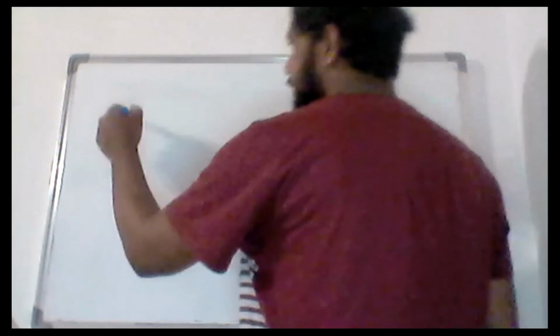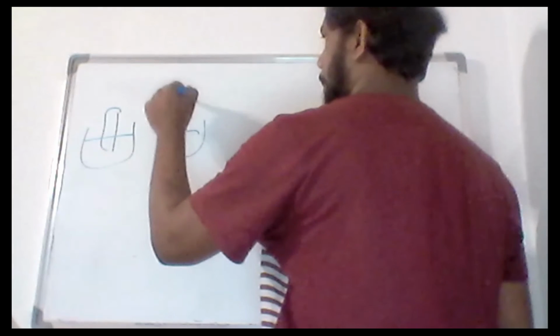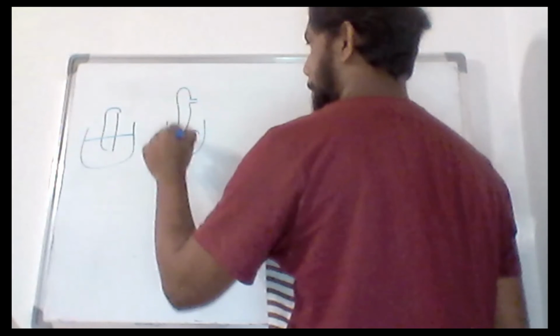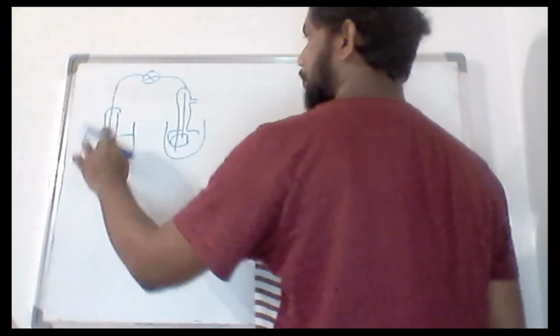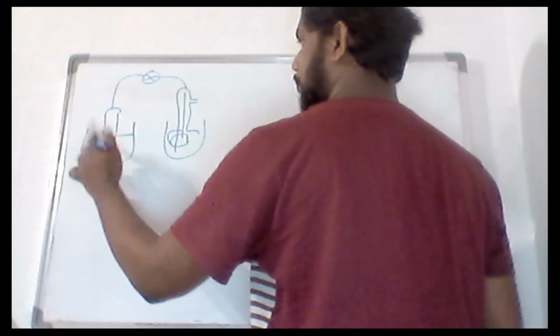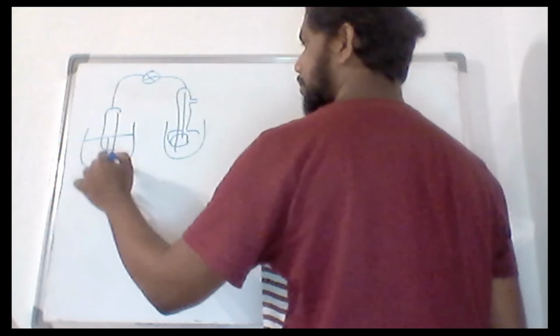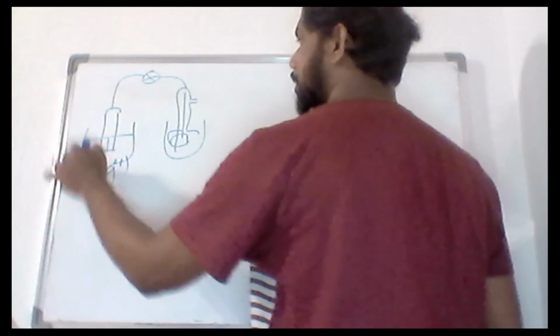Very briefly. So we had the cell like this. Platinum. Let's say this is a bulb. So this was magnesium 2 plus aqueous solution.